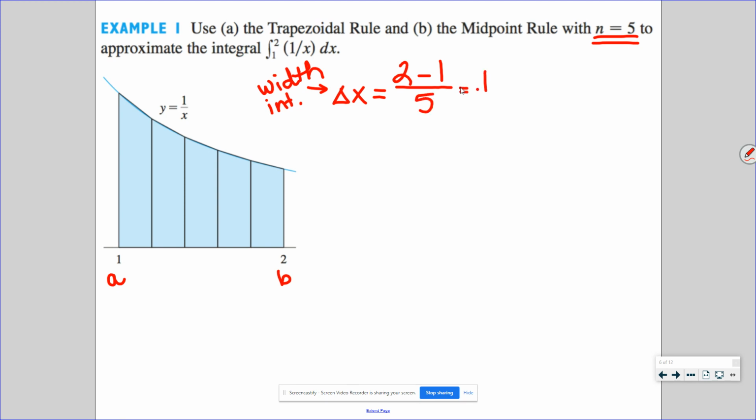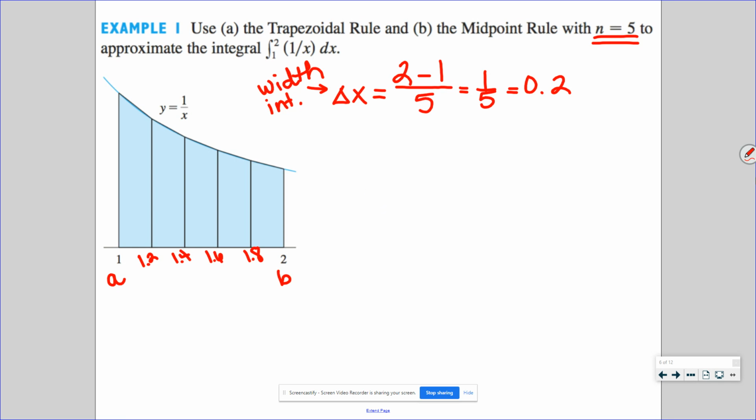This is going to give you 1/5, or as a decimal, 0.2, which may be easier to use in this problem. So each of your rectangles is 0.2 units apart. So this would be 1.2, 1.4, 1.6, and 1.8.